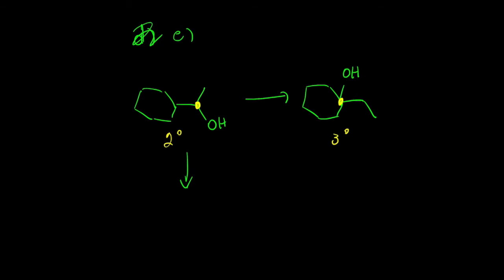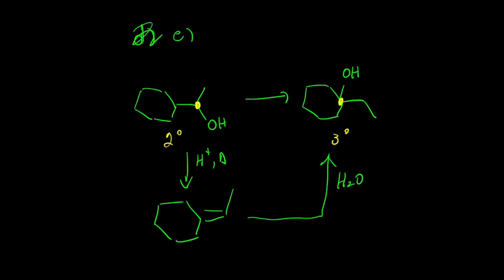I was just thinking of using acid and some heat, and this would not rearrange or anything. It would give you the more substituted alkene. Yeah, it might give you some of the other substituted product, but I would accept this as an answer. And so now how do we get the oxygen on the more substituted carbon? Well, you just add water and then acid again.